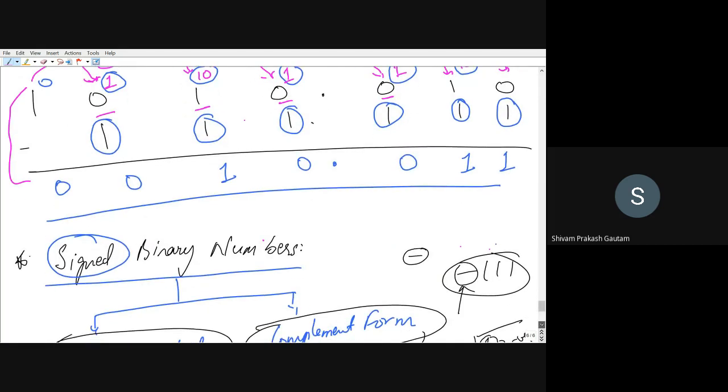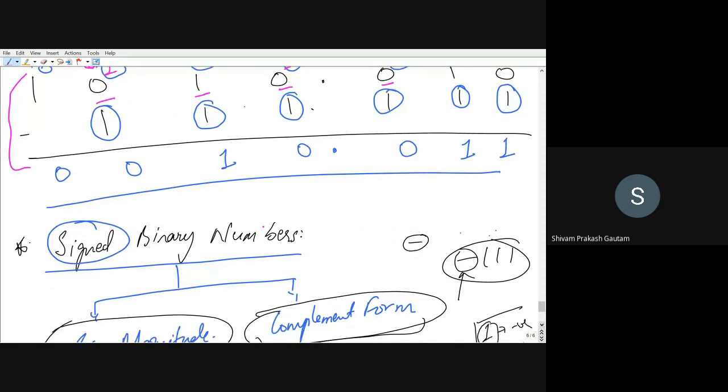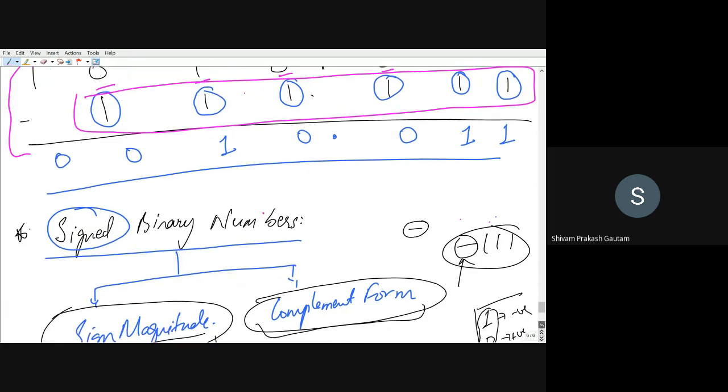What they will do is compute the 2's complement of the subtrahend. We will see an example again, and then they will add, like we have subtracted using 9's complement, right? Similarly, the same thing will be followed for binary as well.